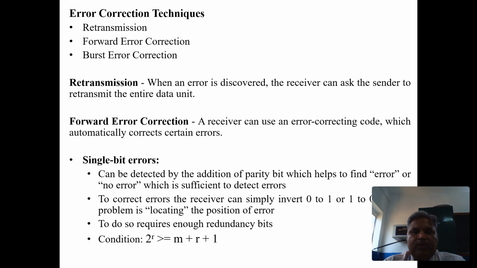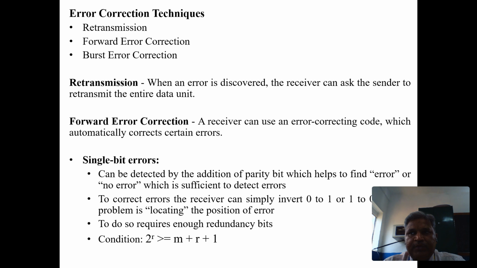Okay. So, for example, assume the message has 7 bits. We try substituting r equal to 0, r equal to 1, r equal to 2, r equal to 3, etc., till we reach a particular value of r that satisfies the given condition. Once the given condition is satisfied with a particular value of r, that r value is considered as the number of redundant bits. Understand?